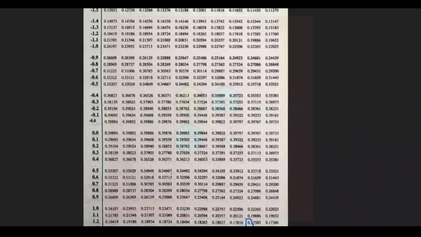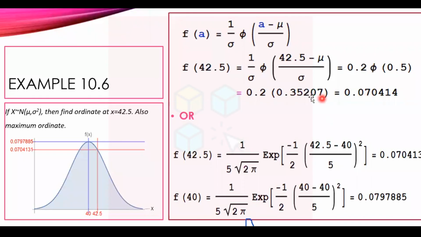This table gives the value 0.35207 corresponding to 0.500. So 0.35207 will be substituted in this expression, and our final result is 0.070414. This is one way to find the ordinate.